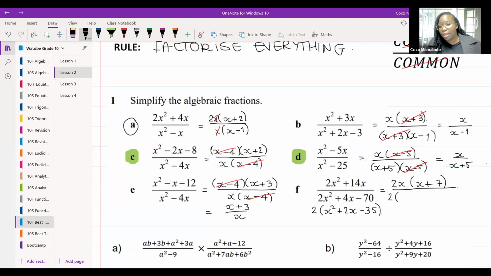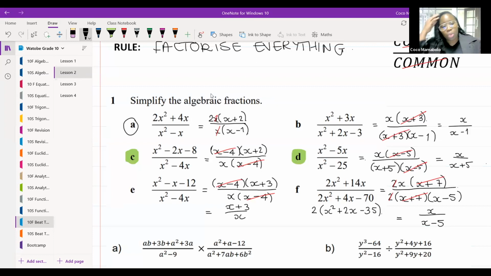So I'm then going to open 2 brackets to factorize my trinomial. If I factorize this trinomial, I'm going to get x over here and x over here. And I want a positive 2, so I'm going to put plus 7 and x minus 5 over here, because 7 times 5 gives me 35. Now I know that my x plus 7 and my x plus 7 will cancel, but also 2 and 2 will cancel. So my final answer will then be x over x minus 5.